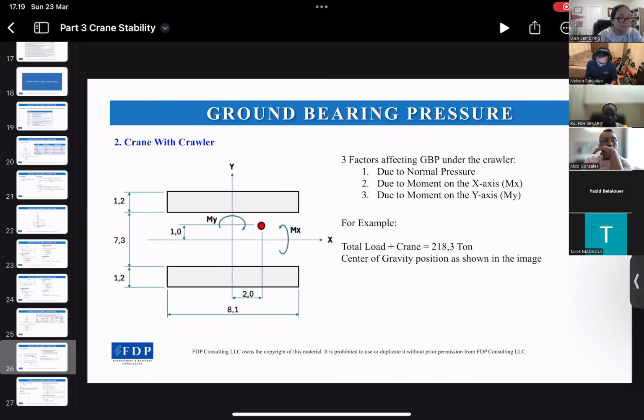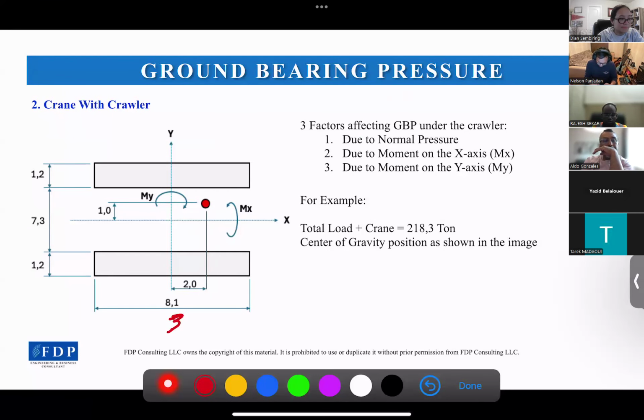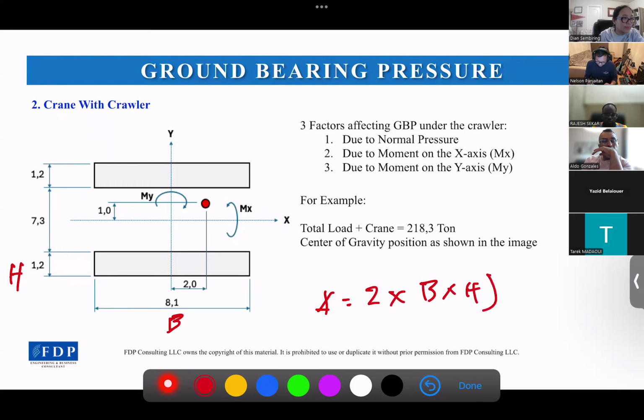So this is B, this is H. And A is the total area of the tracks, so it will be 2 times B times H. And D is the distance from the center of the axis to the center of the tracks. Here. This is D.